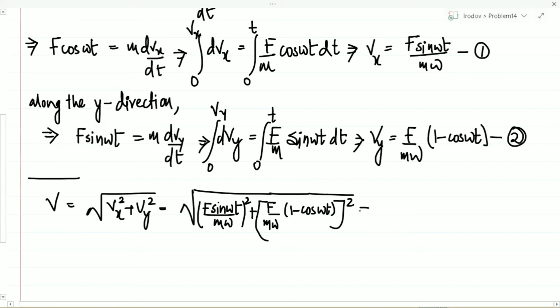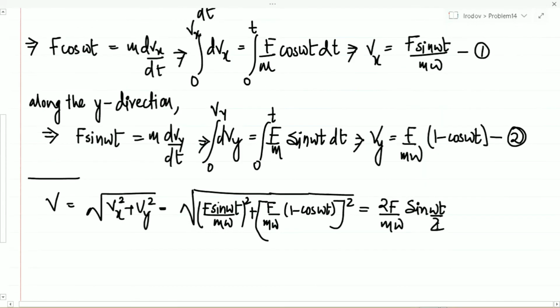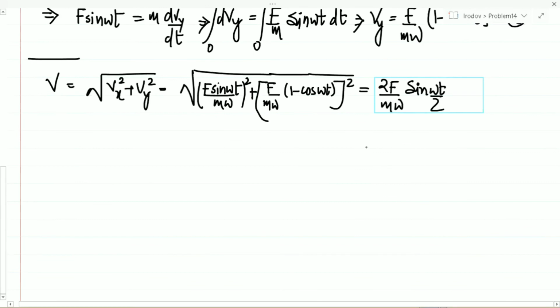This will give us the value of v, which comes out to be 2F by m omega sine omega t by 2. So we have got the value of velocity v as a function of time, which is the answer for the first part of the question.